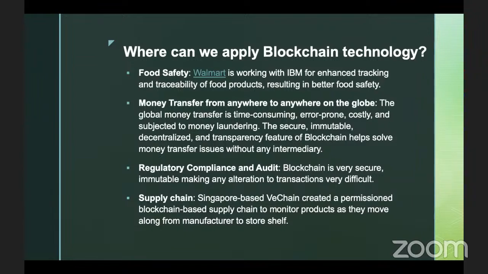Everything needs to be recorded: all the transactions, where it is moved, what was added, what they did, and finally it reaches the store next to you. All the transactions should be recorded, safe and secure. No one should be able to alter them, no malpractice. And all of this is self-managed using software. Nobody needs to monitor it. That is a big thing, right? So you can use it in supply chain also.